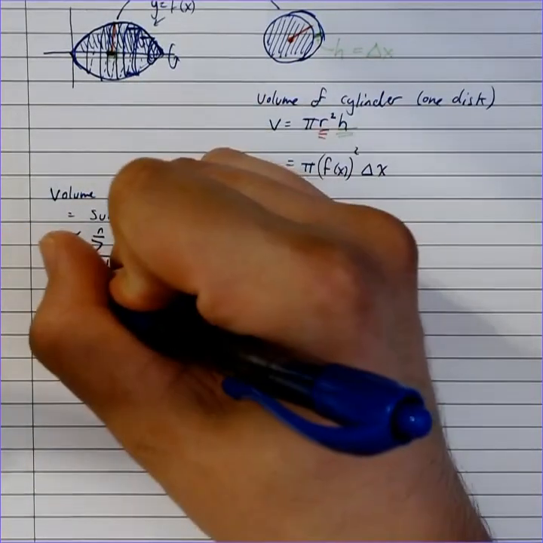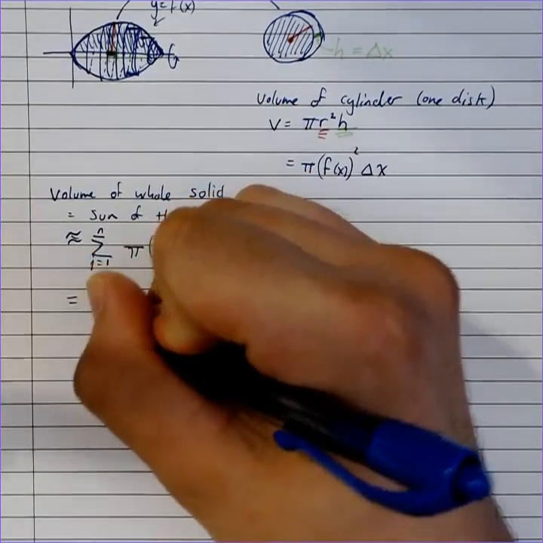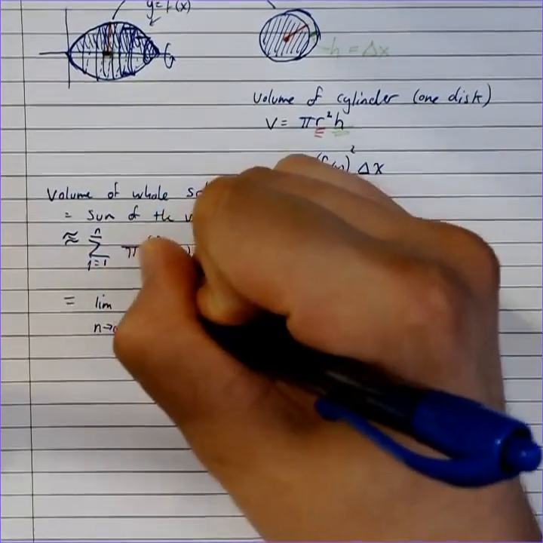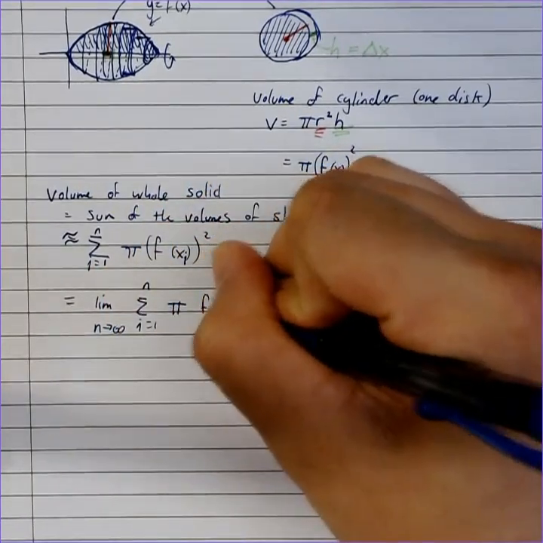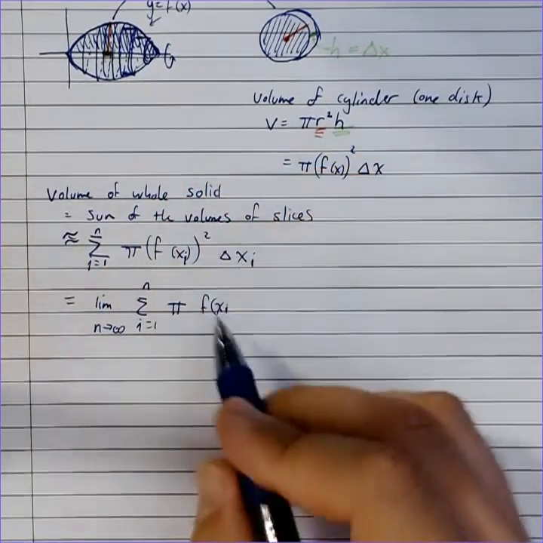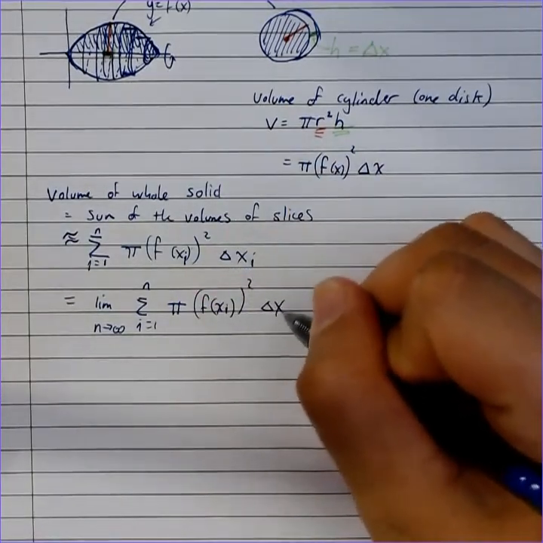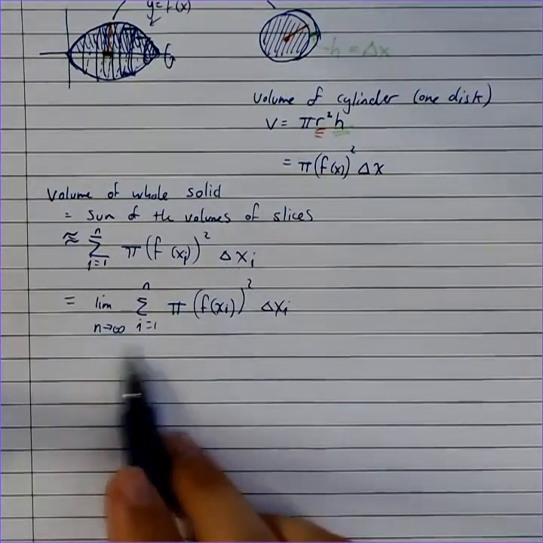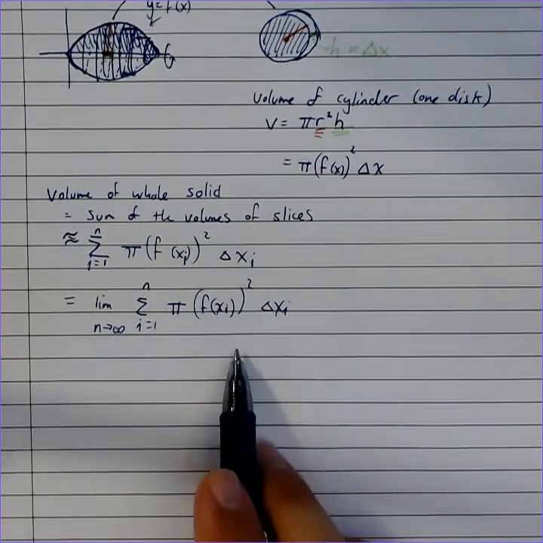If you want to make it exactly right, you take the limit as n approaches infinity of the sum as i goes from 1 to n of pi f of x sub i quantity squared delta x sub i. But if you recognize this from Calc 1, that's an integral.